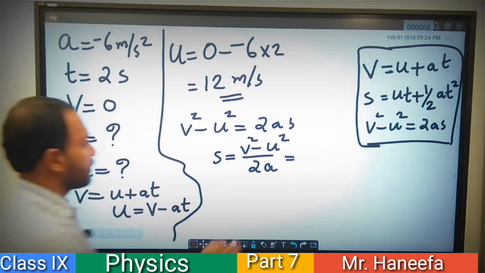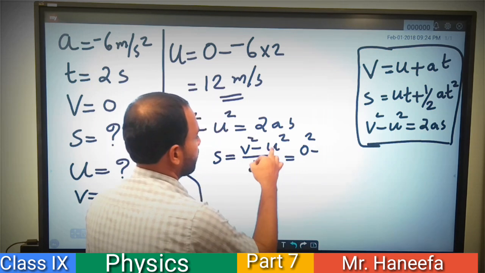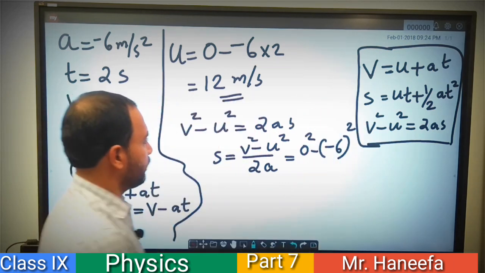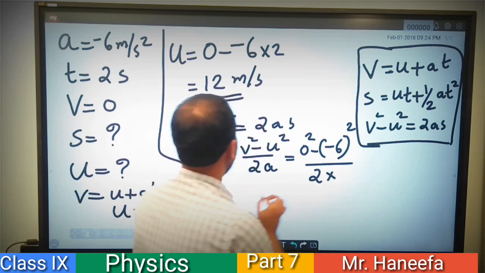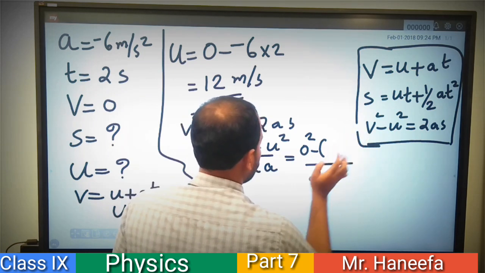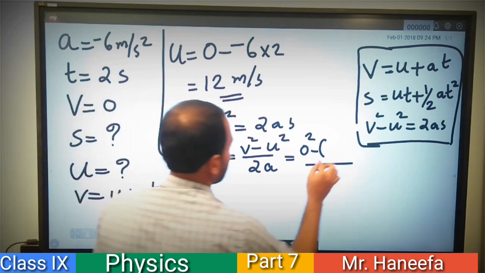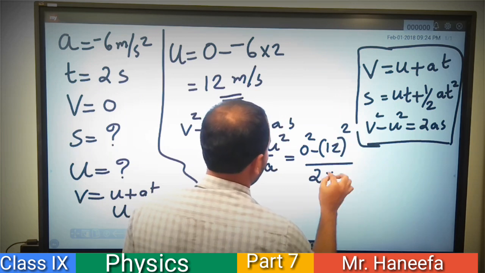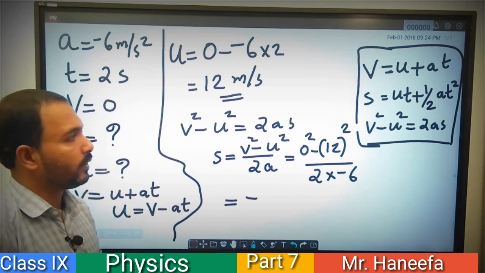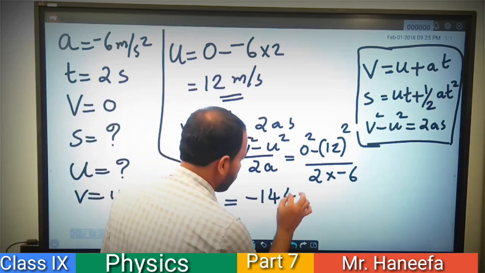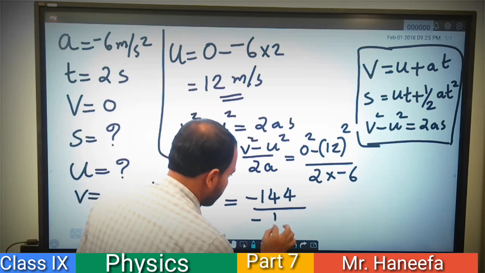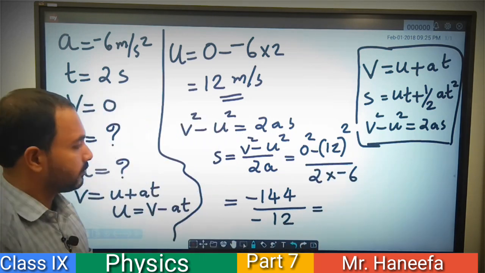What is v square? 0 square minus u square, where u is 12. 12 square divided by 2 into minus 6, equal to 0 square minus 144 divided by minus 2 into 6, which is 12.